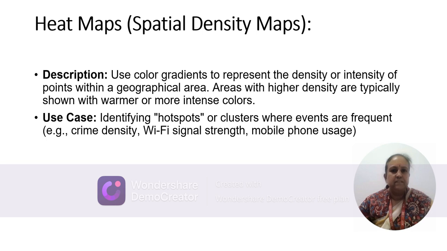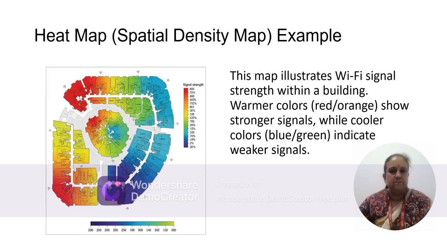For example, analyzing Wi-Fi signal strength, usage could show hotspots or clusters in a heat map. Looking at this example, the spatial density can be easily identified, where the Wi-Fi signals are higher, that is heated, or cooler.